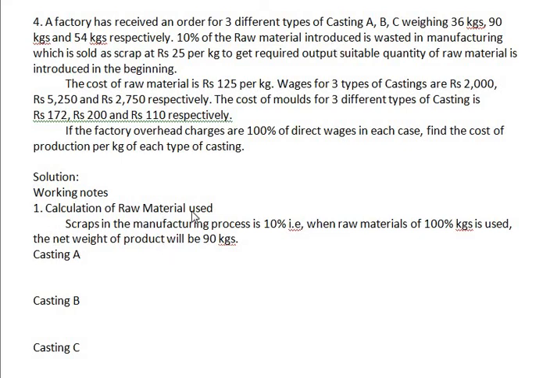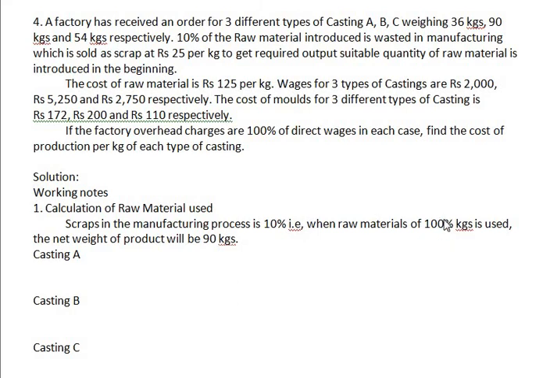Calculation of raw material used. Now we are going to assume this. Scrap in the manufacturing process is 10%. This is given here, in the second sentence. That is, when raw material of 100 kgs is used, the net weight of product will be 90 kgs. How 90 kgs?